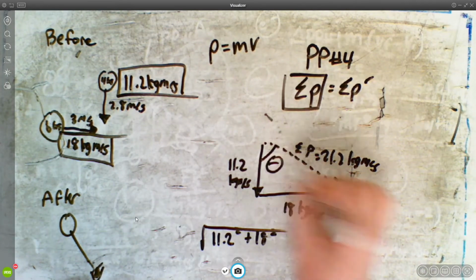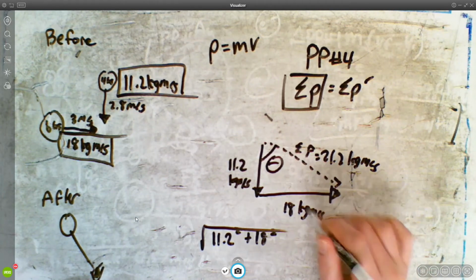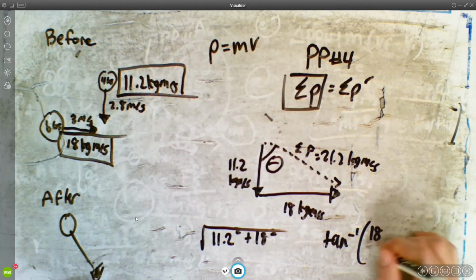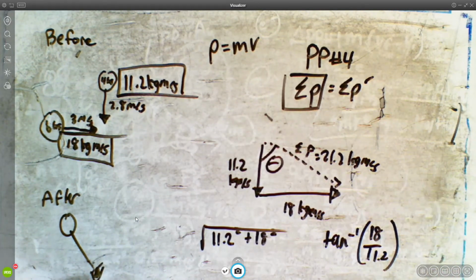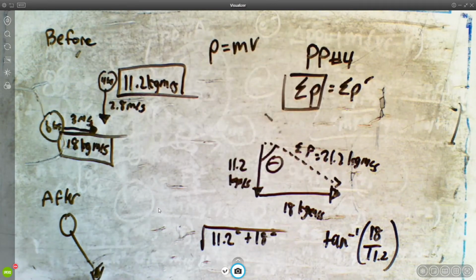And I can also find this angle here by going tan negative 1 of opposite over adjacent. So I will do that. So tan negative 1 of 18 over 11.2, and I get 58.1 degrees.